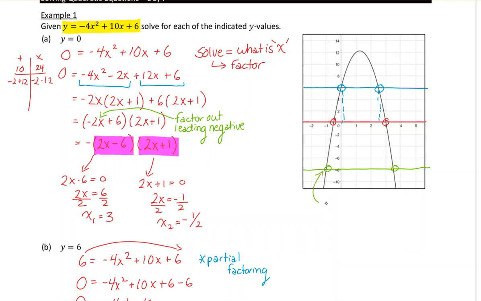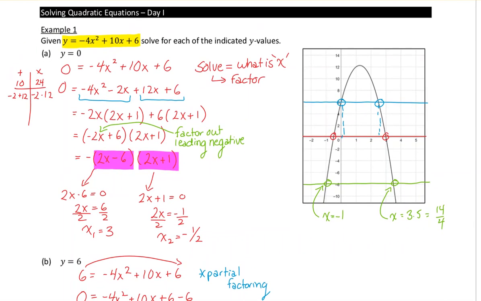Well, this one right here would be x is equal to negative 1, and this value right here is about 3.5, which is equivalent to our other value of 14 over 4. So you can take any value of y and solve for x by plugging it in and bringing it over to the same side as the equation, combining like terms, and factoring. And that is essentially how you can solve a quadratic equation given a specific y value.